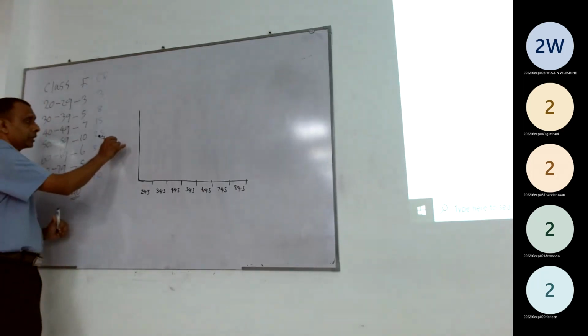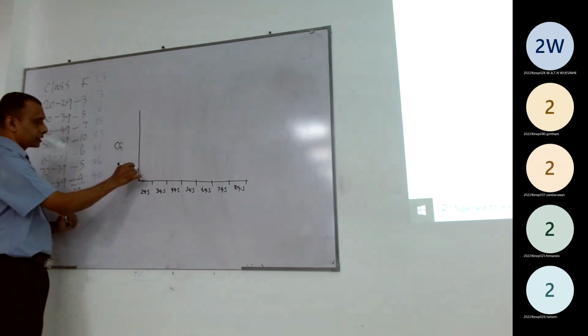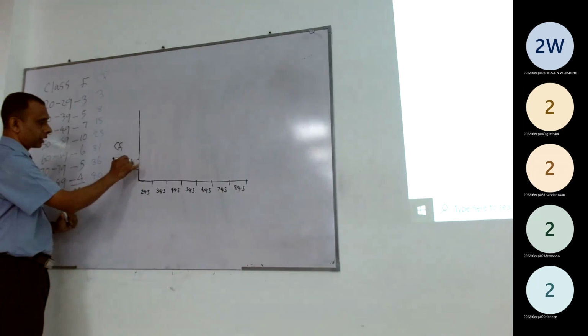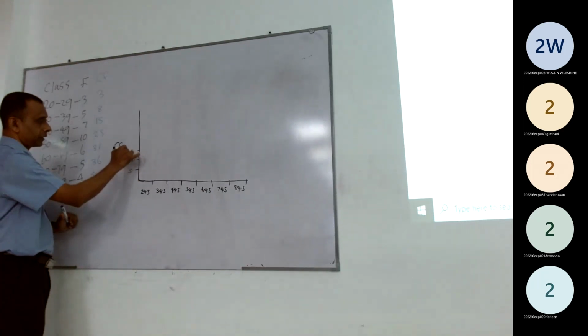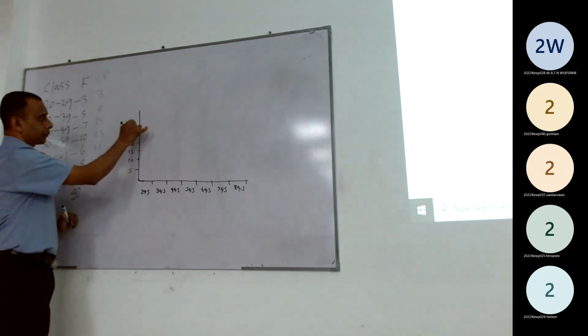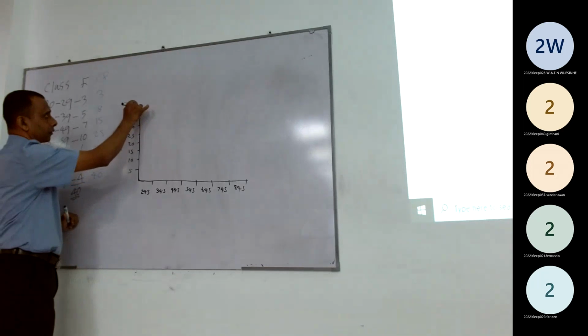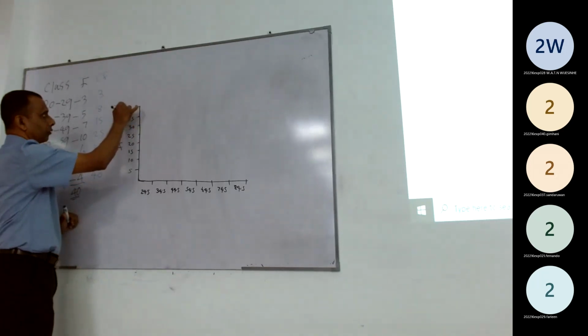Right, then here I take cumulative frequency up to 40. If it is from 5 to 5, you can decide 5, 10, 15, 20, 25, 30, 35, 40.